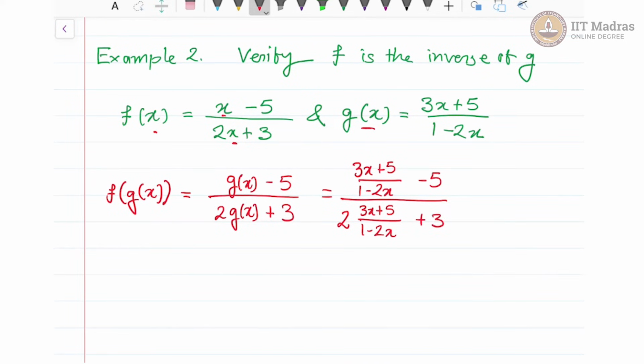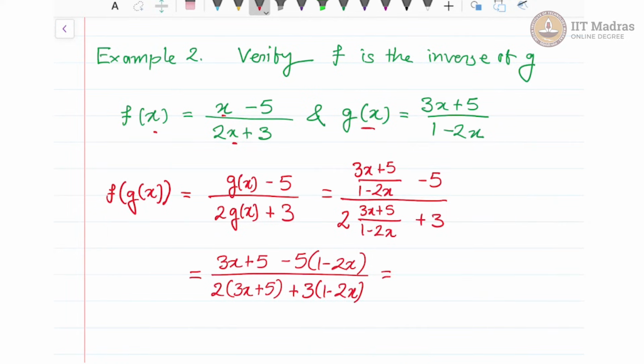So now it's a matter of pure algebra. Just simplify this. So denominator both have 1 minus 2x in common. So multiply the numerator by 1 minus 2x and denominator by 1 minus 2x so that we will get rid of this. So it will be 3x plus 5 minus 5 into 1 minus 2x upon 2 times 3x plus 5 plus 3 times 1 minus 2x.